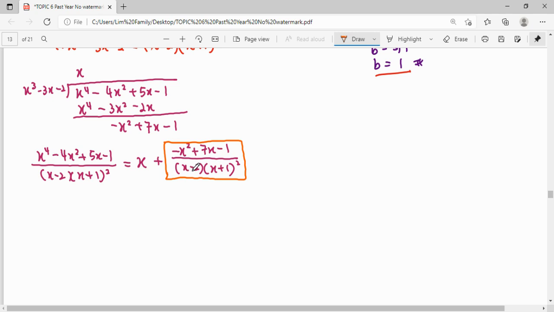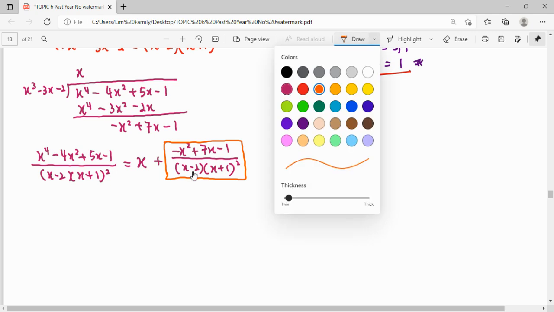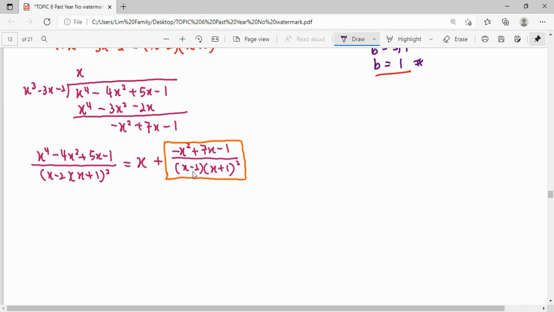So we start our partial fractions. Take the remainder part, which is the proper part, and split it into factors.